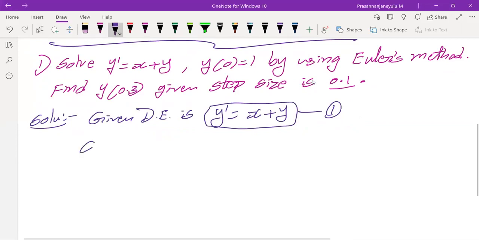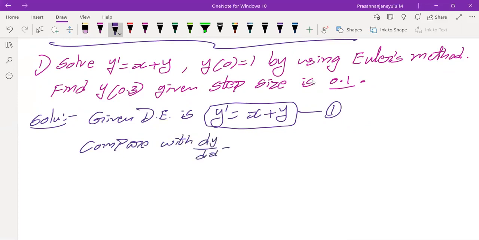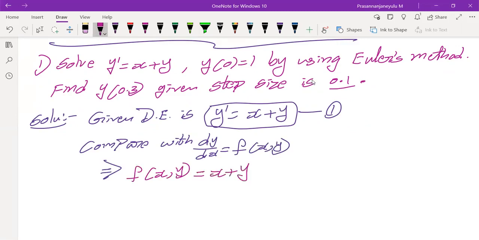With that general differential equation, we have to compare this differential equation. Compare equation number 1 with dy by dx equals f of x comma y. With this, what can we conclude? That implies f of x comma y equals x plus y.